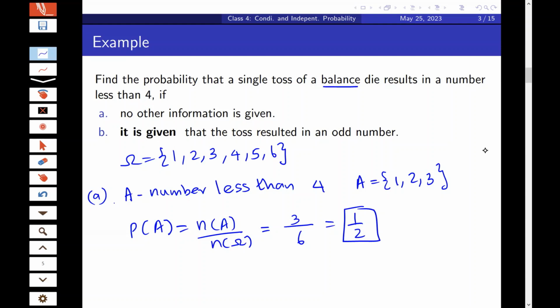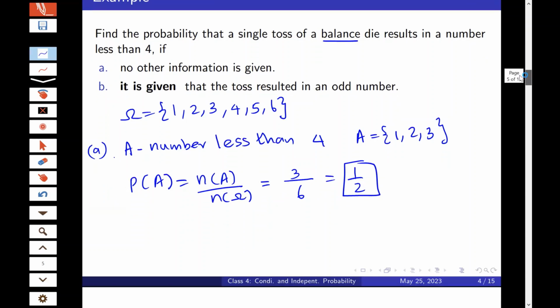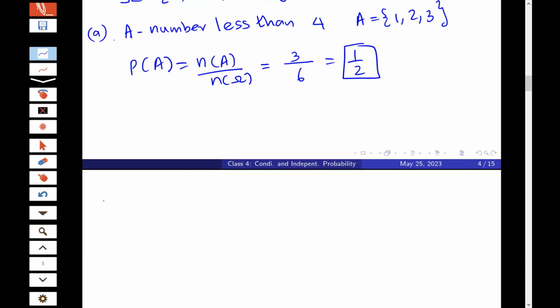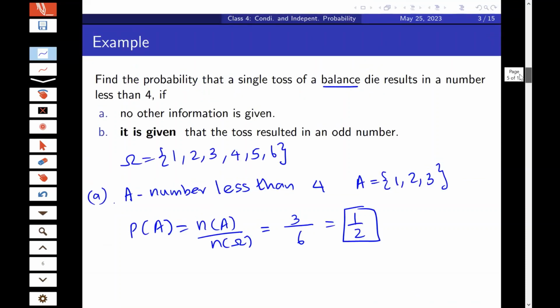Okay, so now let's see how we can do the second part. Part B says find the probability that the result is a number less than 4, given that the toss resulted in an odd number.